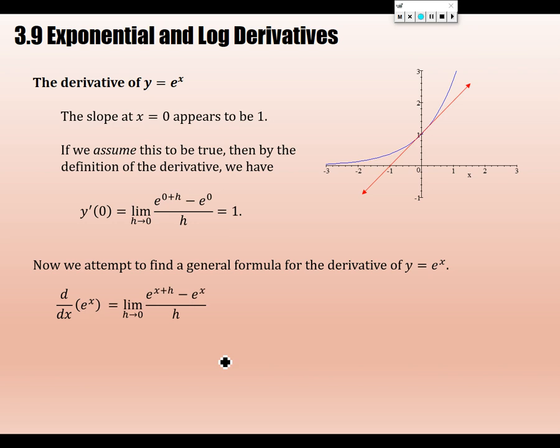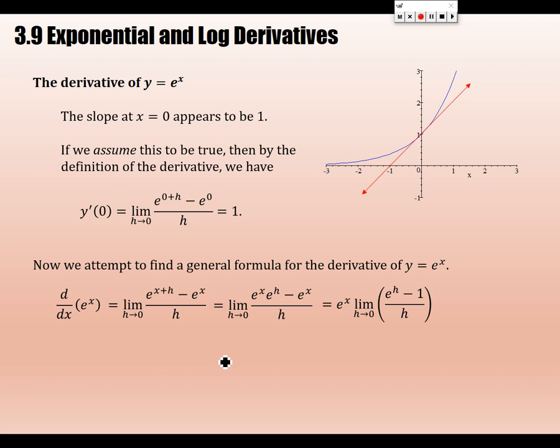Use the definition of the derivative. Agree that that's the definition of the derivative in general, not just for 0, but for any x. Using properties of exponents, the first term in the numerator can be written as e to the x, e to the h. And then using algebra skills, we can factor out e to the x. Notice that e to the x doesn't have an h involved.